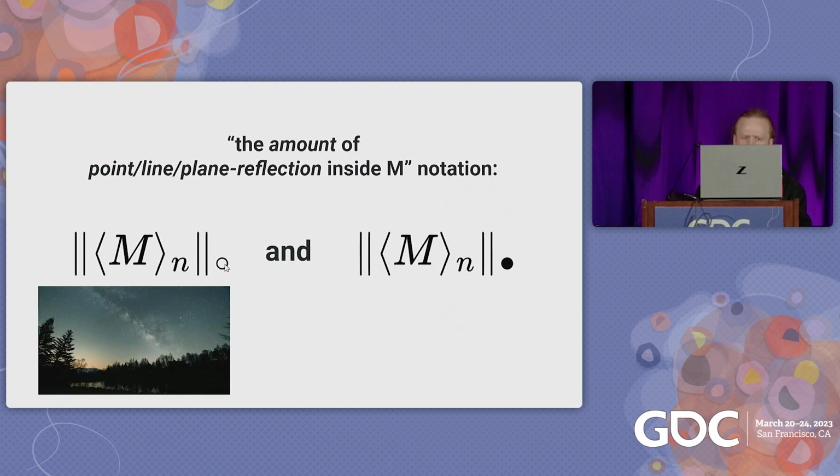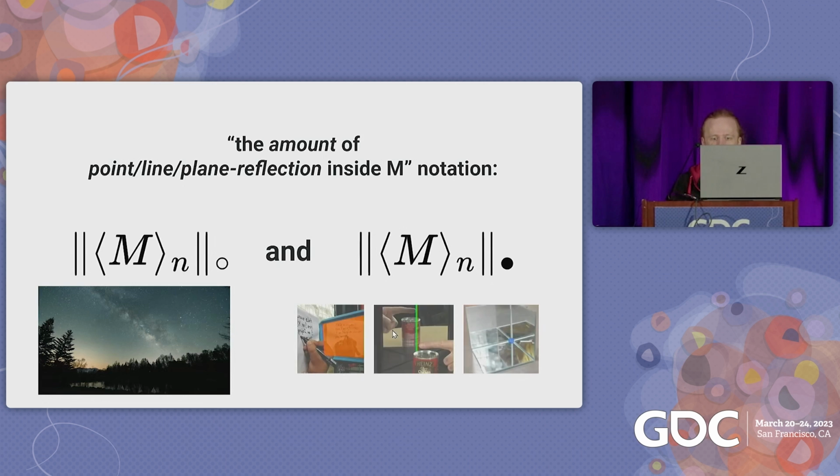The empty circle is the sky sphere, so if you want the amount of point at infinity inside M, then that's what this thing means. And if you've got something that isn't at infinity, then this is the notation for the amount of plane, amount of line, amount of point that's in there. And it's a filled circle because we're looking at stuff that's inside that sky sphere.